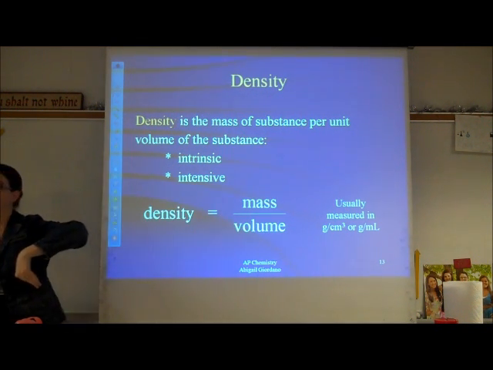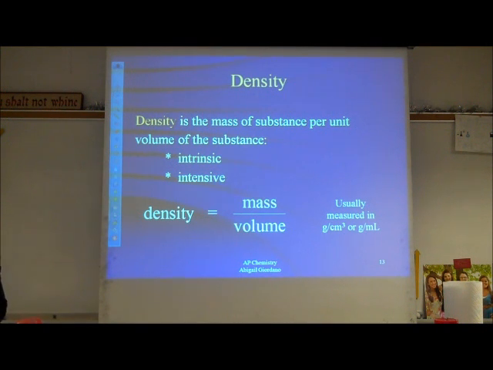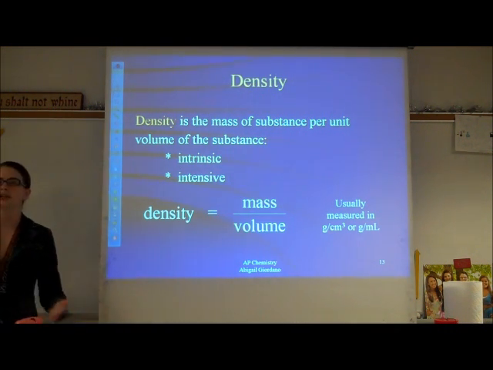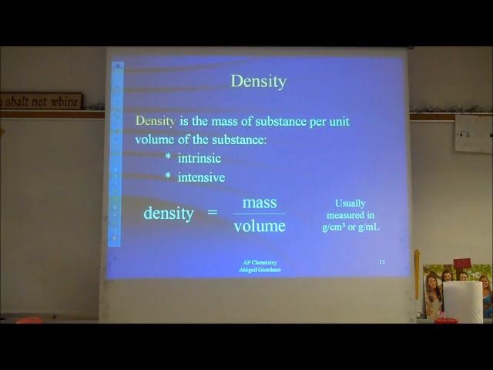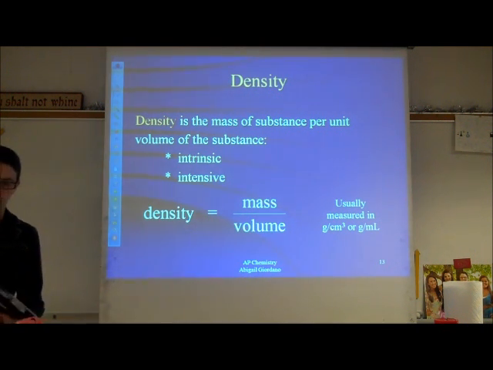The second word, hopefully you did learn in Chem 1, although you may not remember. Does anybody remember what an intensive property, what that means? It was at the very beginning of the year, a long time ago. Yeah. Right, it means a property independent of amount. And let me give you an example, okay?